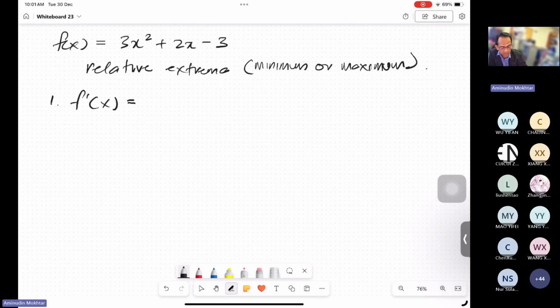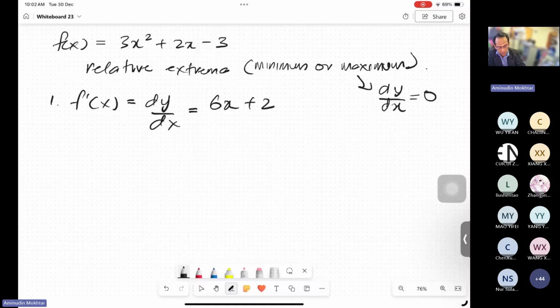So the first step is to find the first derivative, f prime x or dy/dx. That is the first step. So dy/dx equals 6x plus 2. At the minimum or maximum point, the first derivative dy/dx equals 0. The slope of the function equals 0.